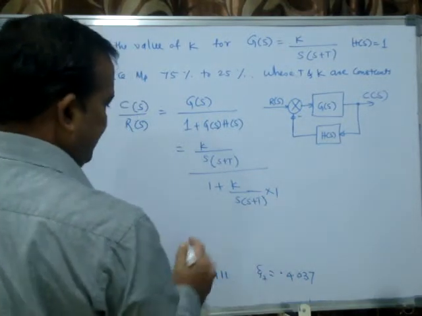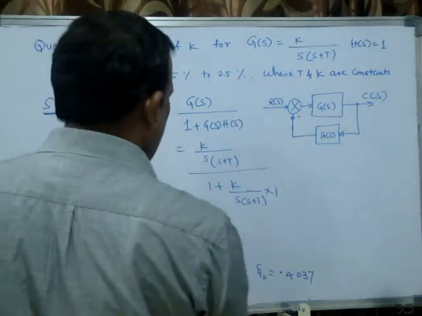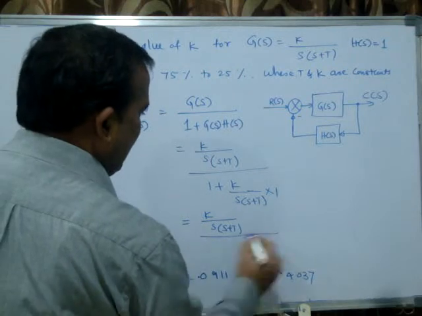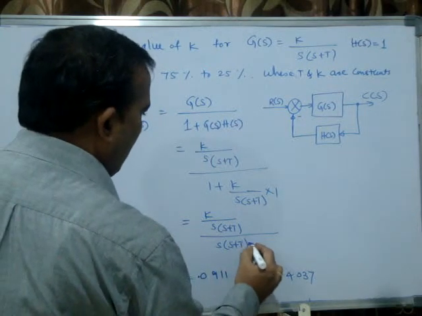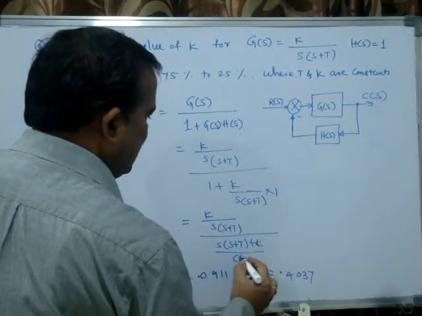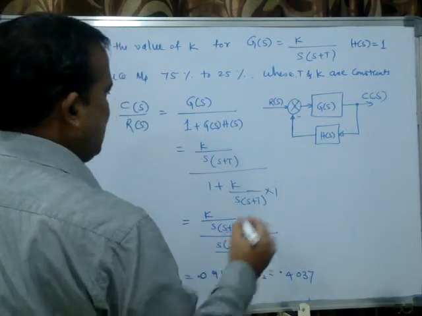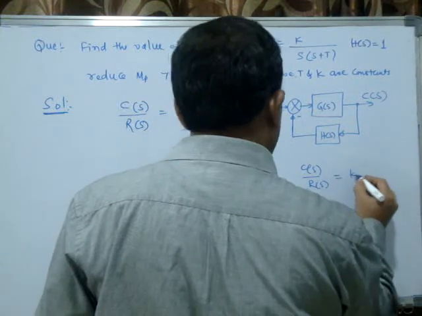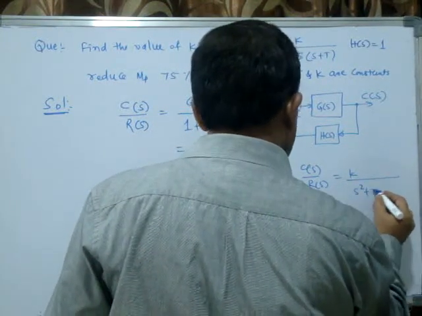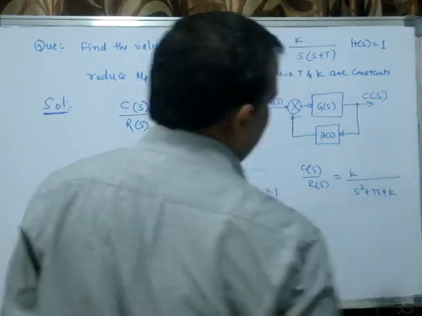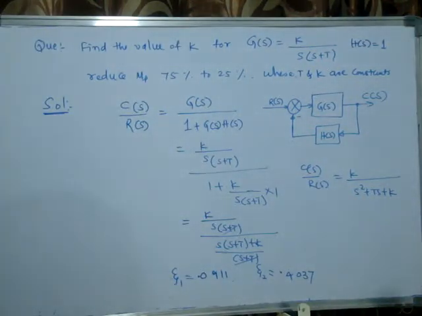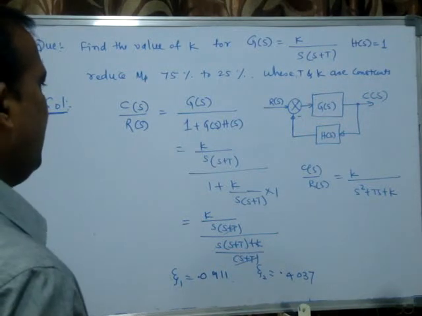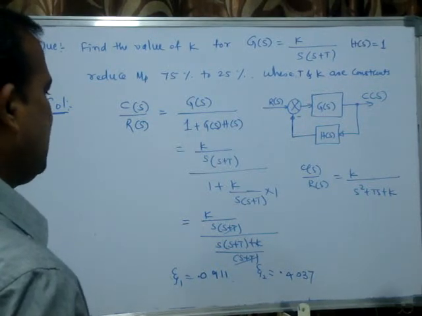So k divided by s into s plus t divided by, I'll take the LCM, s plus t. Now s plus t gets cancelled. So k divided by s square plus ts plus k. I can write s square plus ps plus k.